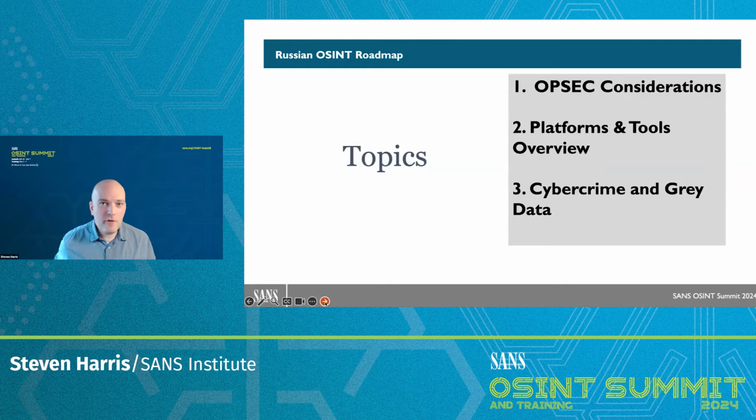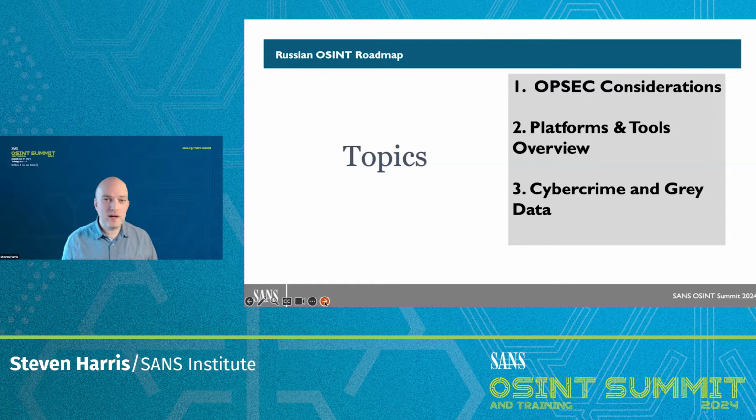So what we're going to cover in the next half hour or so is three sections. First of all, we're going to look at OPSEC considerations when we're working on the Russian internet, and you'll see that if you're used to only working on the Western internet in North America or in Europe, for example, there are some additional considerations that we don't have in the West, and we'll talk about those and some challenges and also some workarounds for them.